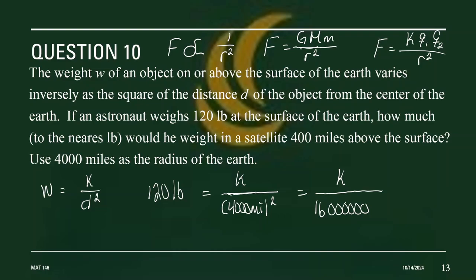So 16 million. K would equal 120 times 16 million. What's 12 times 16? 12 times 10 is 120. 12 times 6 is 72. So it'll be 192 with 7 zeros.